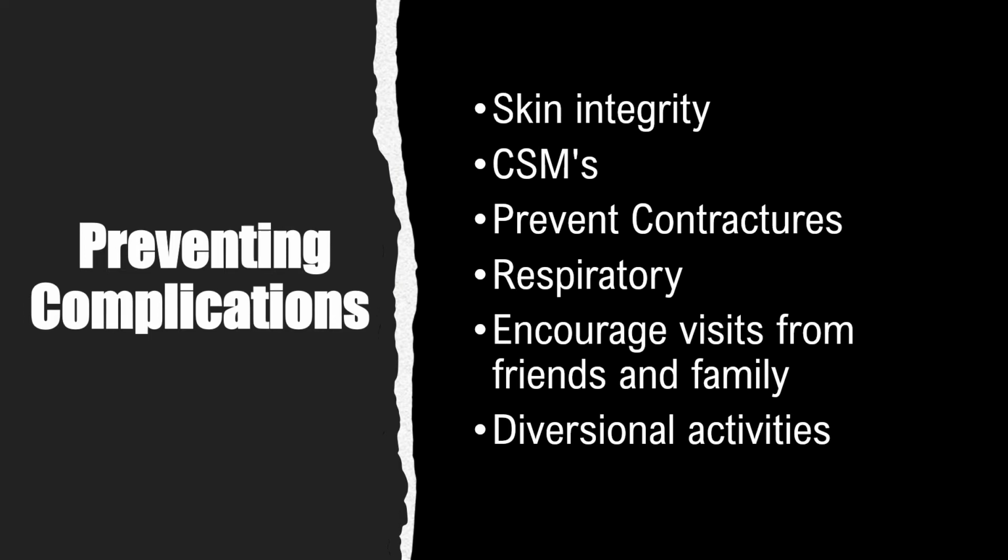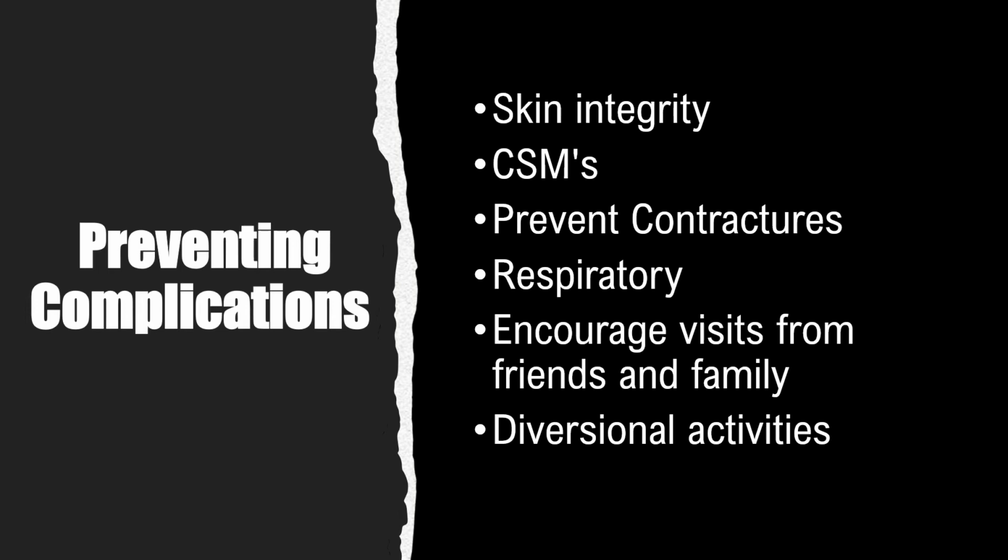And we do want to prevent any complications during traction. So we want to ensure that the unaffected extremities are exercised. So we want to provide range of motion techniques to the unaffected extremities. Promote the use of the trapeze to keep the patient's upper body in motion and continued strength.